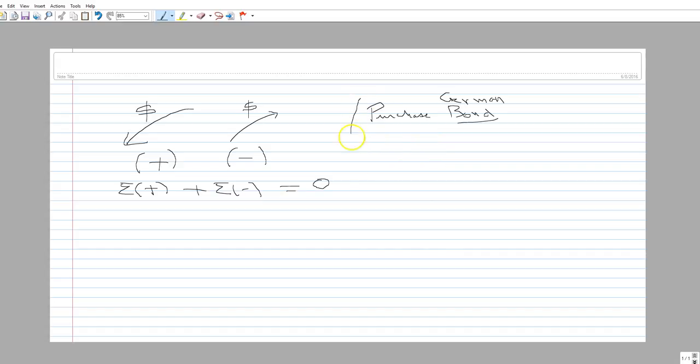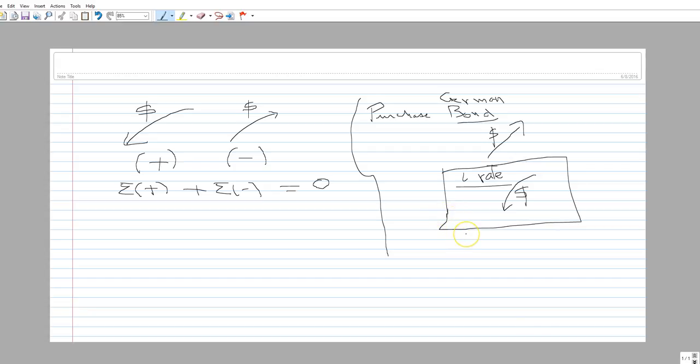So a U.S. person purchasing a German bond, that means money will leave. However, later you're going to get an interest rate or coupon rate from the bond, and that is money that comes in. That is investment income.